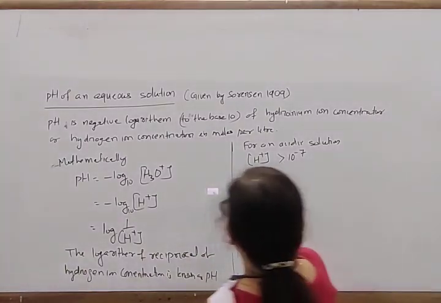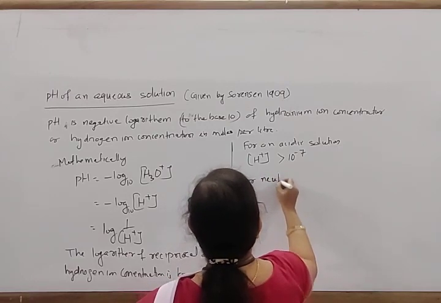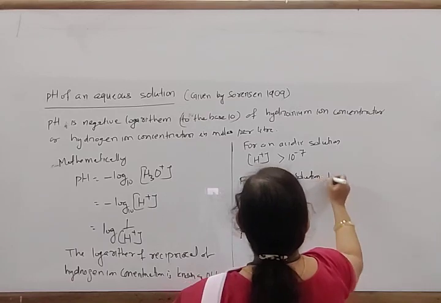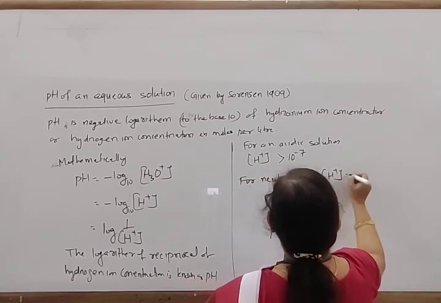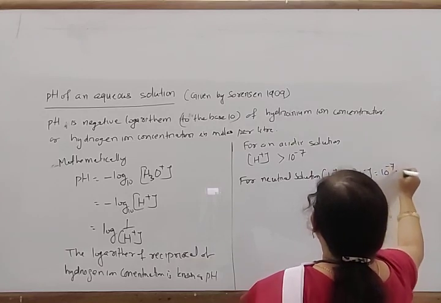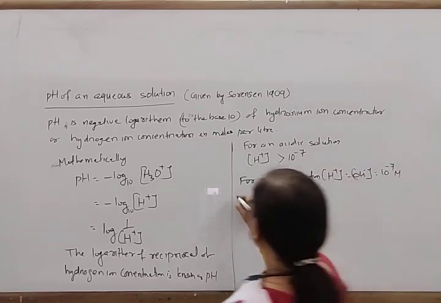For a neutral solution, the H+ concentration is equal to the OH- concentration, which is equal to 10 to the power minus 7 moles per liter. Then what is this pH?